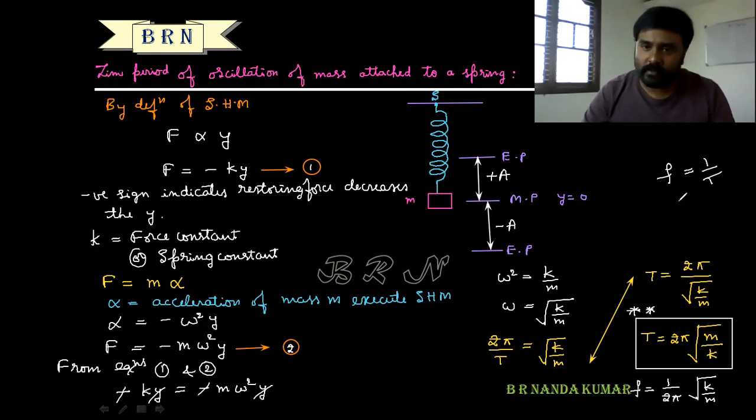That means f is equal to 1 divided by T, where T is 2 pi root m by k. So 1 by 2 pi into root m by k, and that is shifted to the numerator. What happens? That is k by m. So this is the frequency of oscillation of a mass attached to a spring. This is a very important derivation.